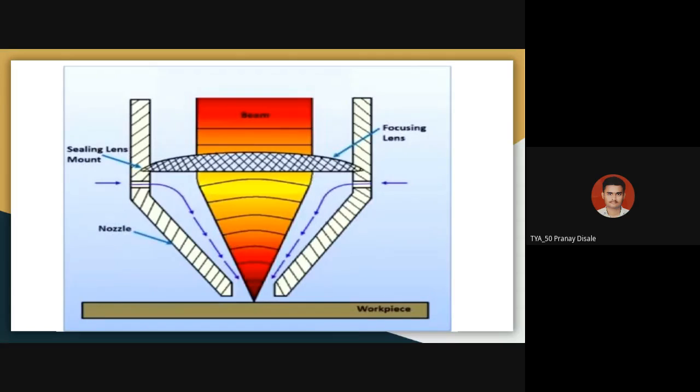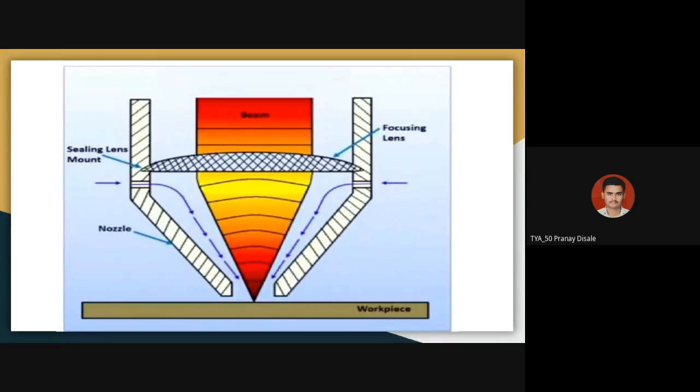Whatever the machined surface is there, to remove or eject that molten or vaporized material, we can take the help of that assisting gas. Also, the assisting gas helps to avoid this molten material damaging the lens.